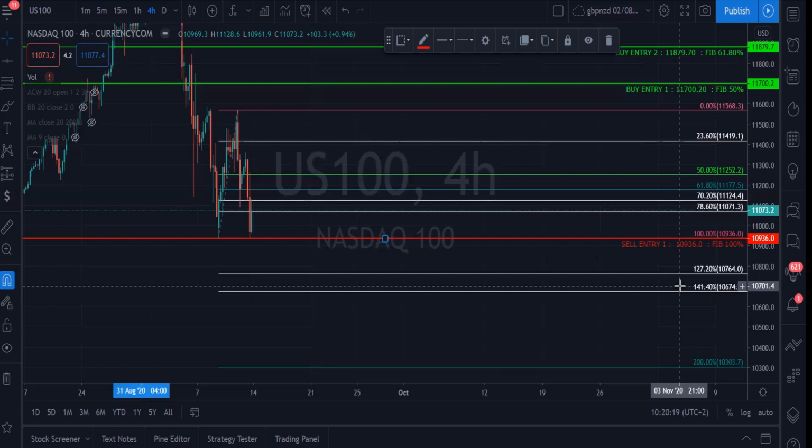So for now, we are saying if NAS breaks that resistance, then we're going to go into a buy entry. If NAS breaks that support, then we're going to go into a sell entry. And that is how you trade.